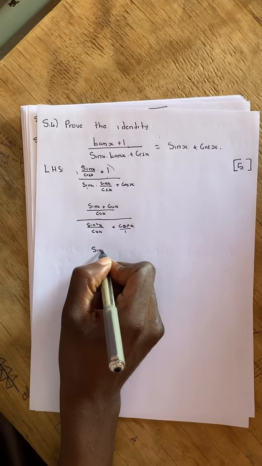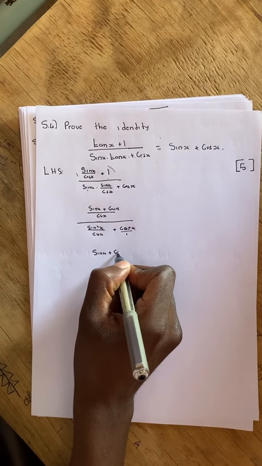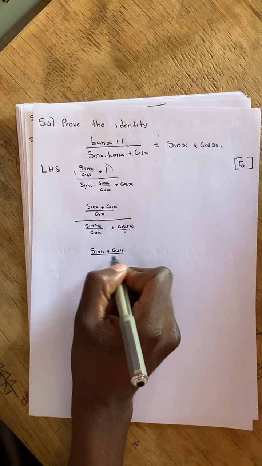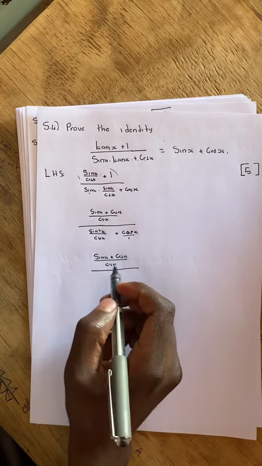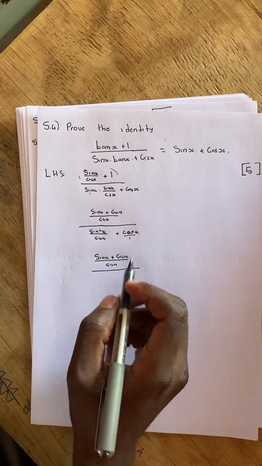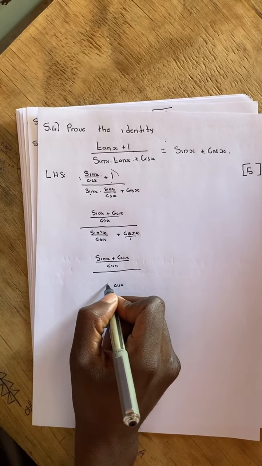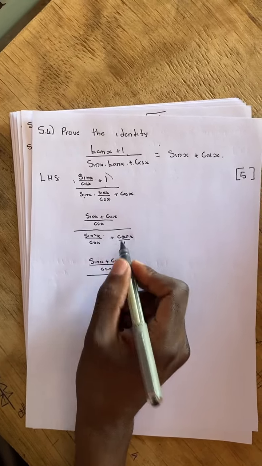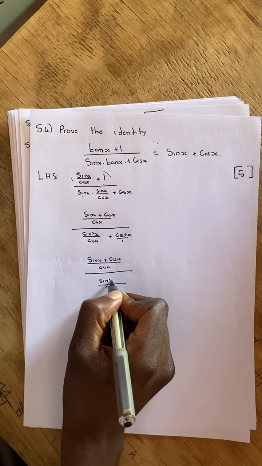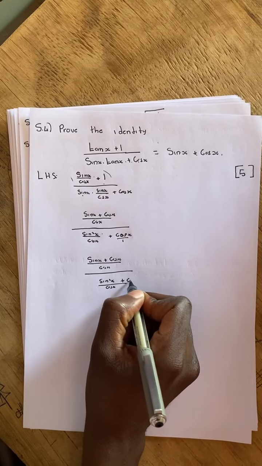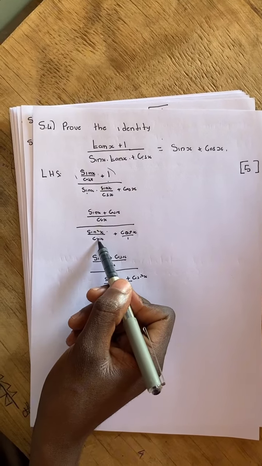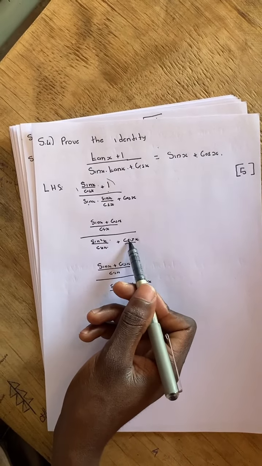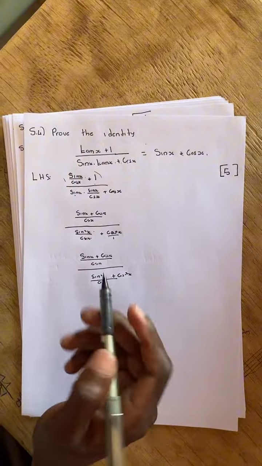This will be (sine x plus cos x) all over cos x, all divided by the LCD, cos x, all over, and I cross multiply: sine squared x plus cos squared x, since cos x times cos x is cos squared x.